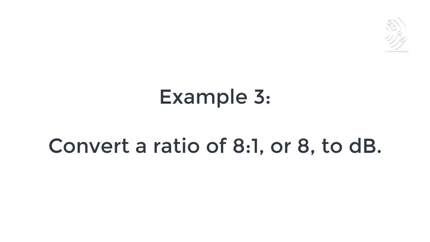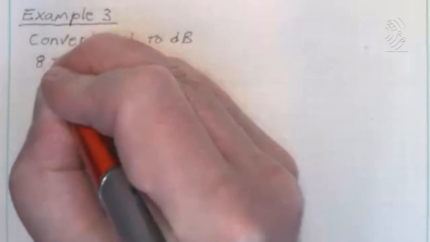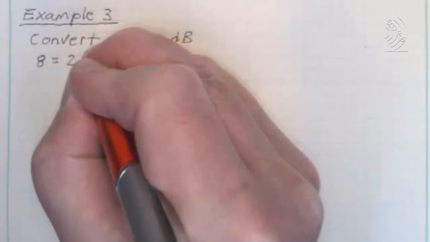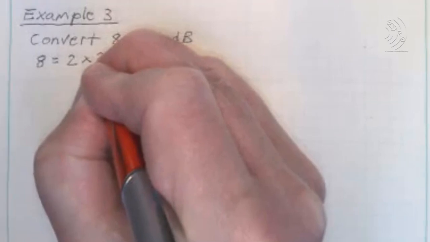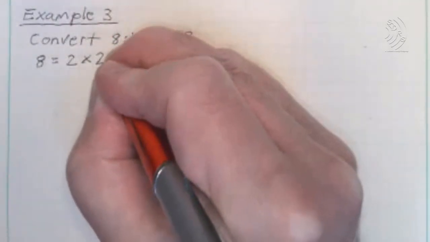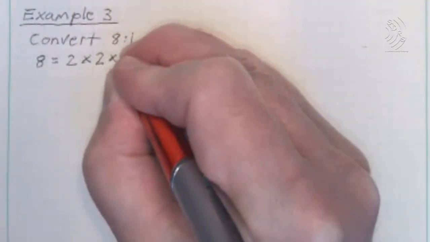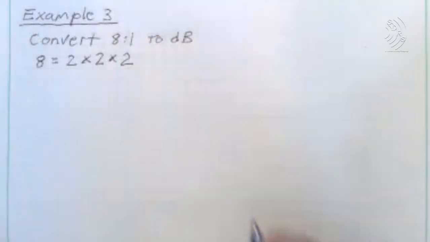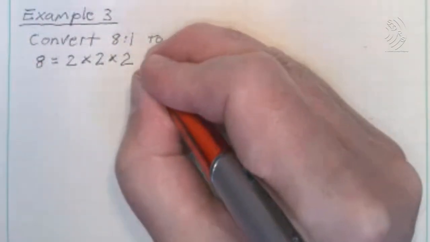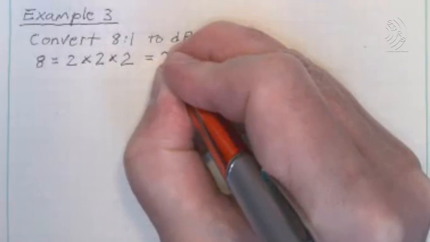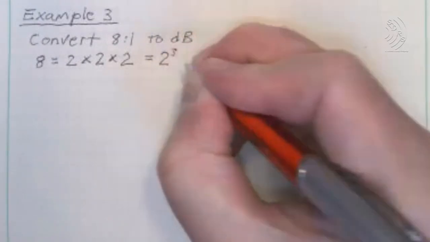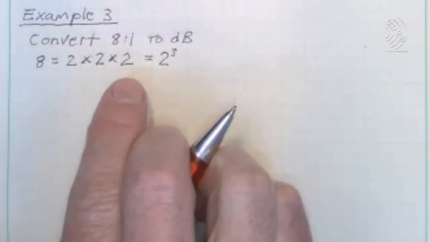In our third example, we're going to convert a ratio of 8 to 1, or 8, to decibels. And in this case, we know that 8 is equal to 2 times 2 times 2. And that can also be written as 2 to the third power, because 2 is multiplied by itself 3 times.